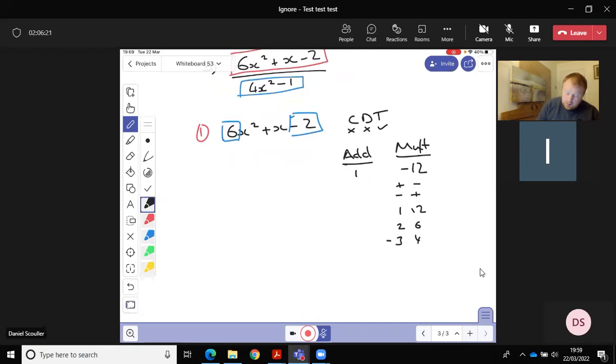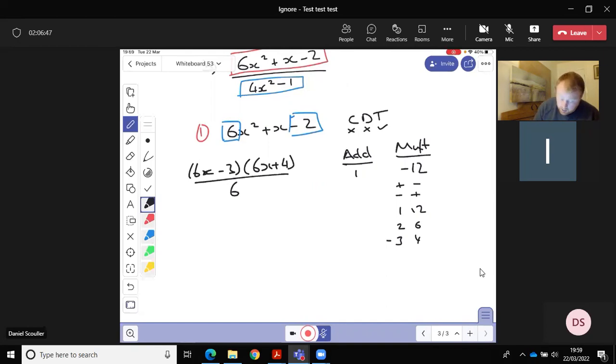So remember the method I do, we then put that into brackets: 6x minus 3, 6x plus 4, divided by whatever number's in front of that x squared term.